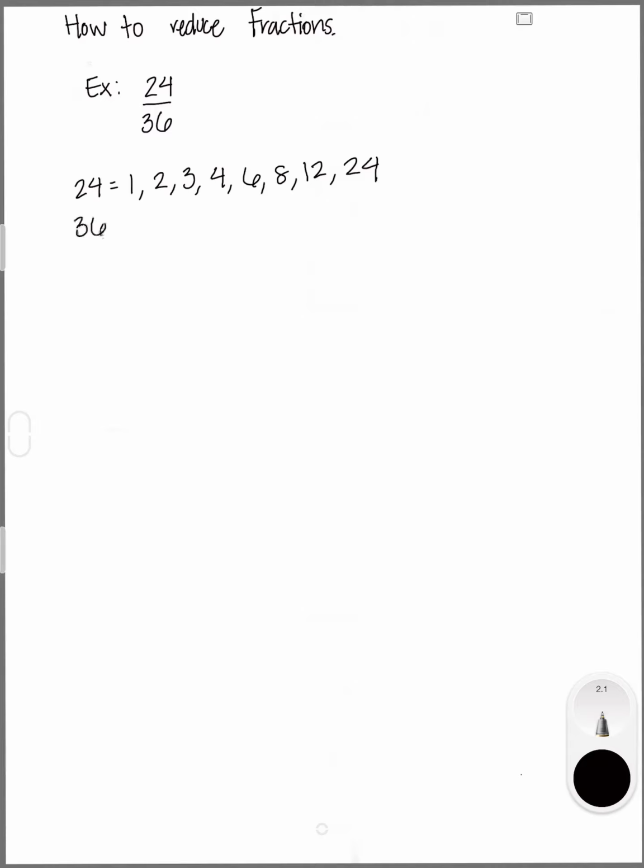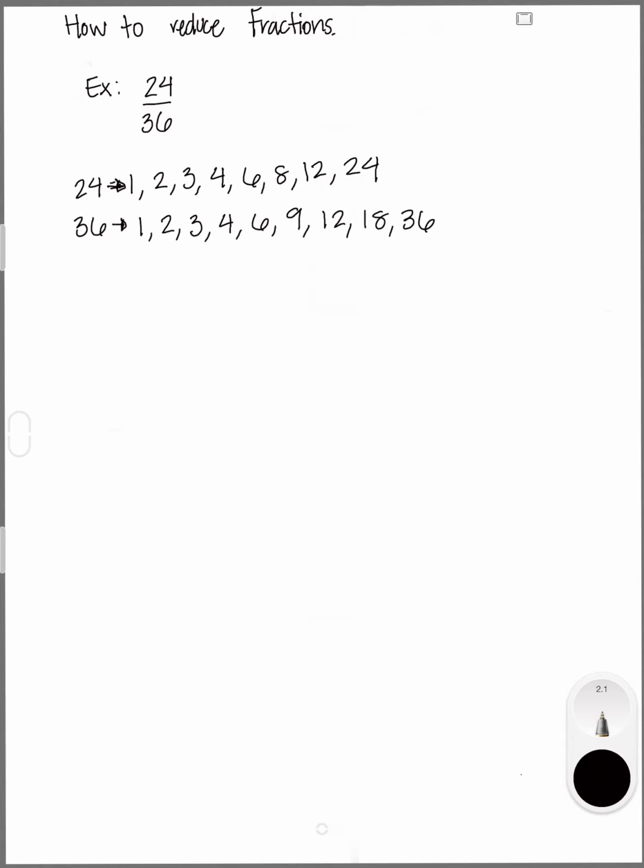Now the number 36 can be divided by 1, by 2 as well, by 3, by 4, by 6, by 9, by 12, by 18, and by 36 as well.